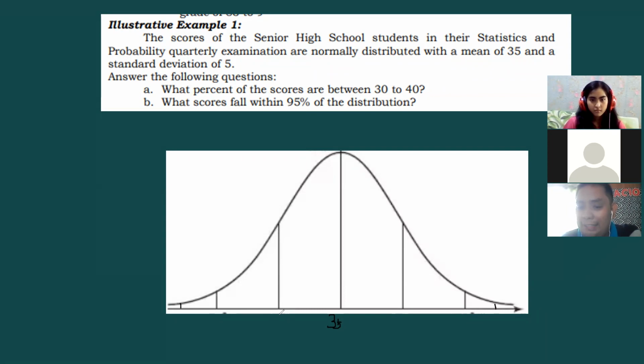Ang unang cut natin ay yung standard deviation of 1. This is negative 1. This is positive 1. Paano po natin i-represent? Tandaan, ang standard deviation natin ay 5. Ibig sabihin, 35 minus 5 is 30. And 35 plus 5, this is 40.